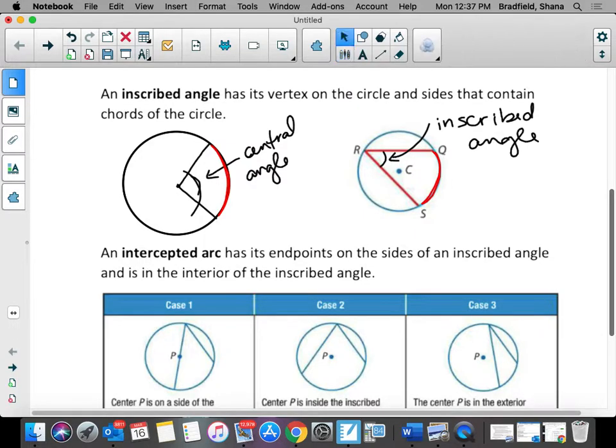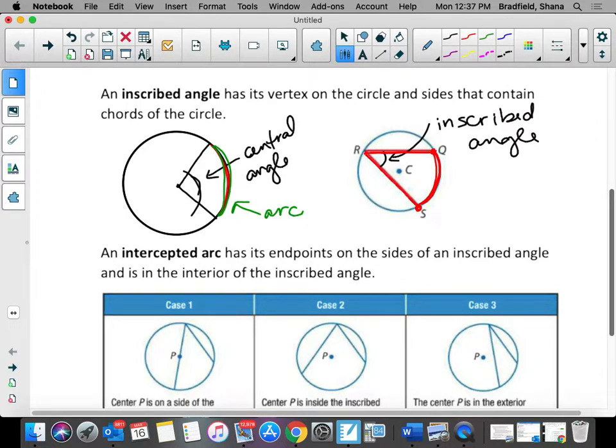For this arc, we just really called it an arc, and we know that its measure is equal to the central angle. For this one that is intercepted, you can see that RQ, if we continued, would go right through the circle and cut the circle at point Q, and the same thing is going to happen to RS, and then we have arc QS.